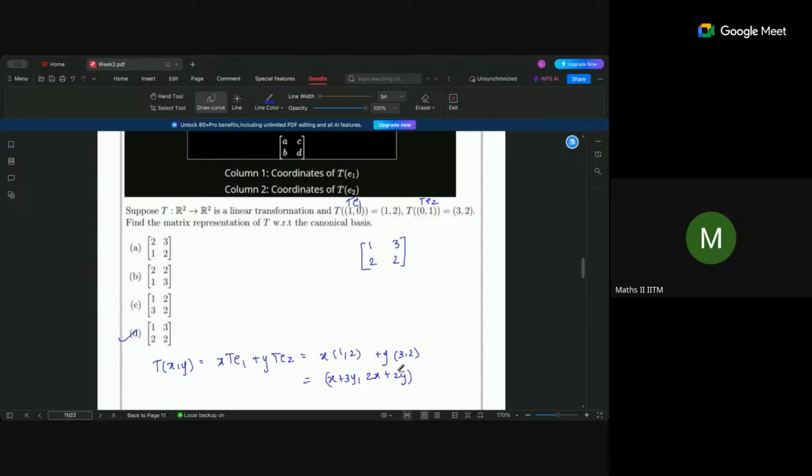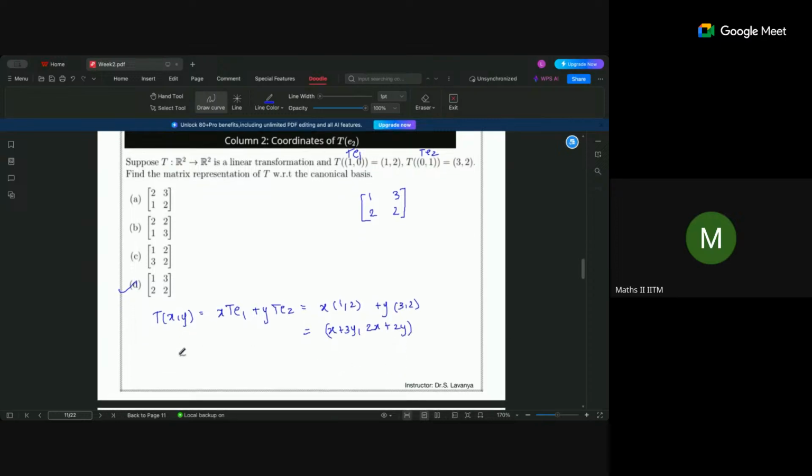This is the previous technique. Now what is the matrix vector multiplication technique? T of x comma y can be simply found using this matrix 1 2 3 2 multiplied to the vector x comma y. So if you do matrix multiplication, what will you get?